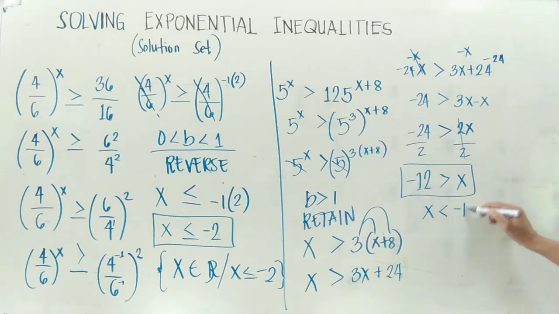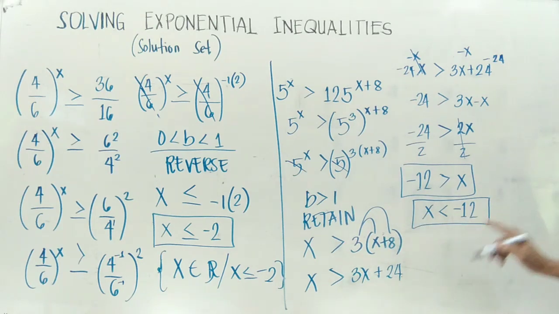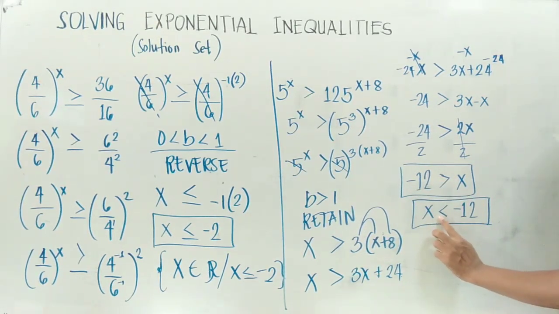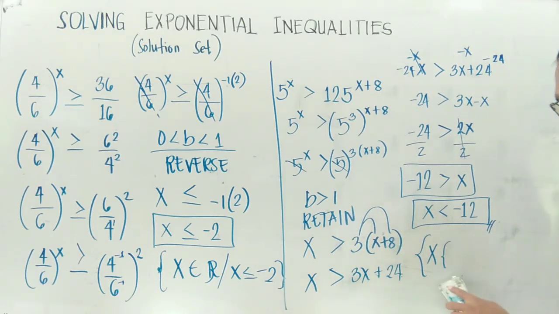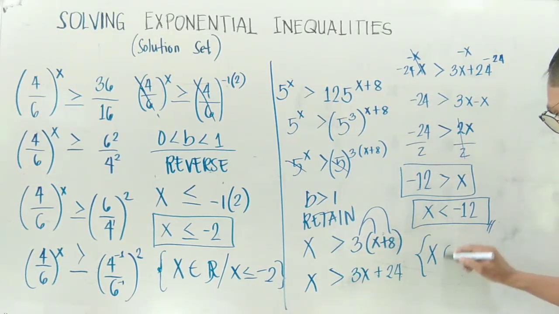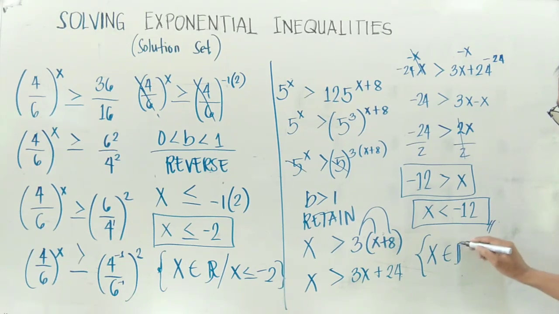We have negative 12 in here. So we have negative 12 is greater than x, or it can be x is less than negative 12. Okay, writing it using set builder notation, we have x is an element of real numbers such that x is less than negative 12.